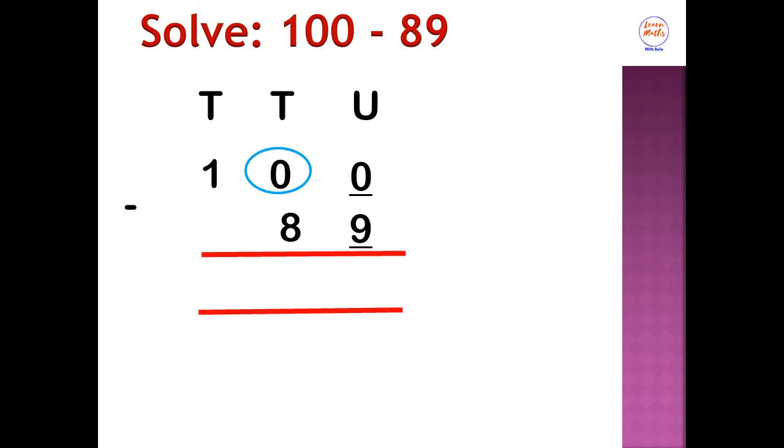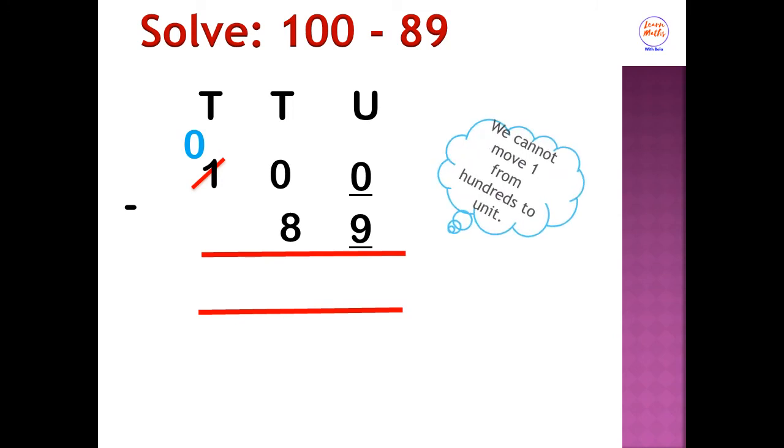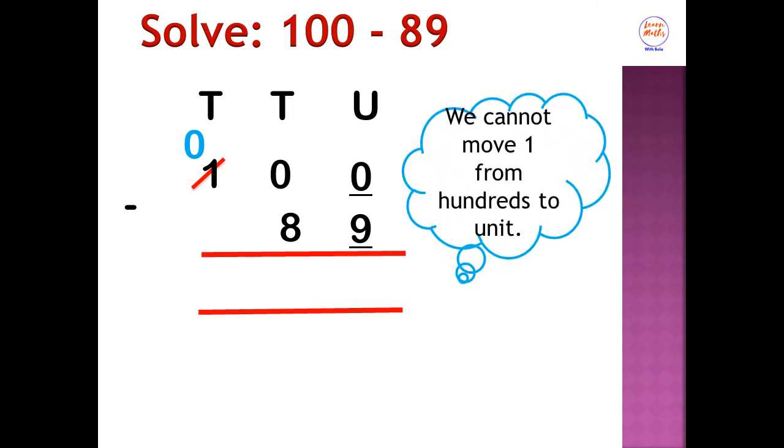I'll go to 1 to borrow, and when I borrow from 1, I'll be left with 0. Now we already borrowed 1. We have to move that 1 somewhere. We move the 1 to the tens part, because we cannot remove 1 from 100 and take it to units. So when you put it in the tens part, you are going to have 10 here.